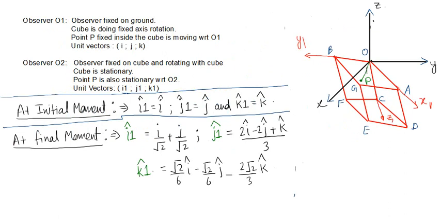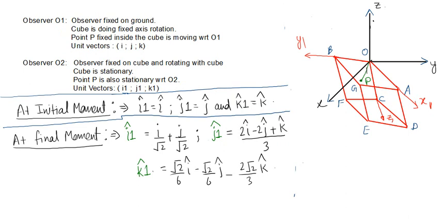Now consider two observers. Imagine two observers O1 and O2. O1 is an observer which is fixed on the ground and which can observe the cube rotating from the initial orientation to the final orientation. As per this observer, the cube is doing fixed axis rotation.